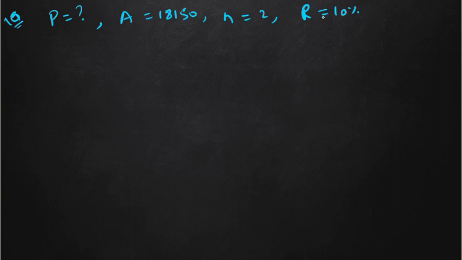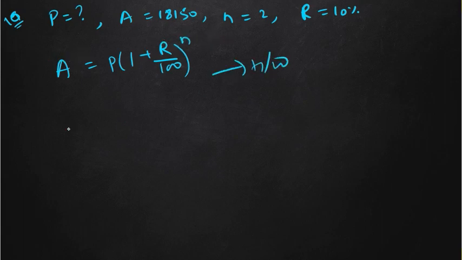So there is no problem. We need to calculate the principal. Just apply the formula for amount: P into (1 plus R by 100) power n. Here A, R and N are given; you solve it and find the value of P. Take this as homework.